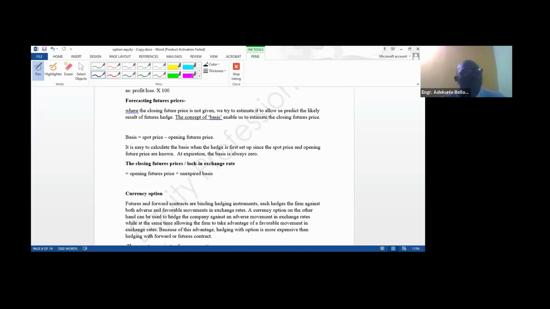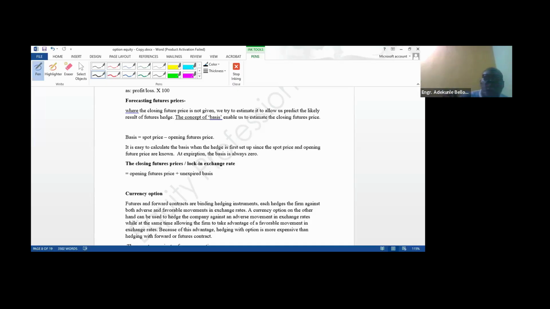Currency options, unlike forward exchange contracts and currency futures contracts, which are binding hedging instruments.